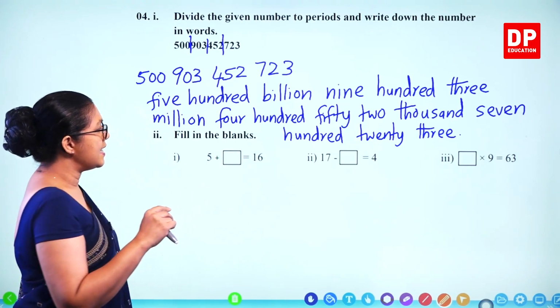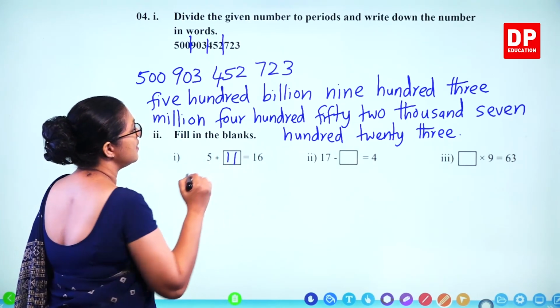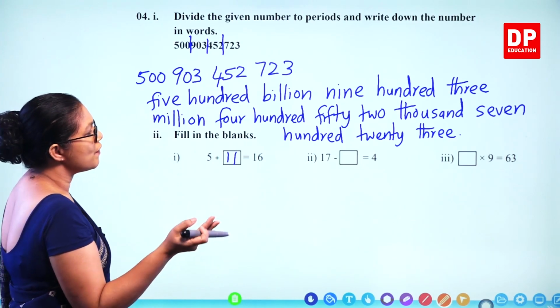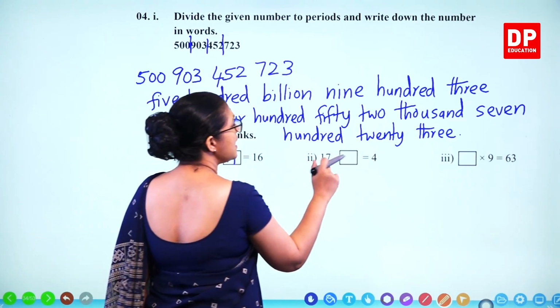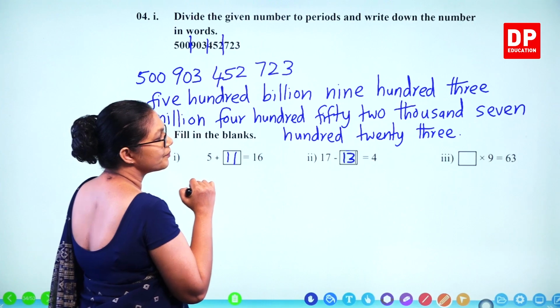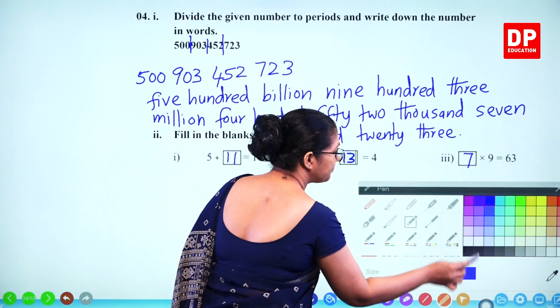Addition is 16. So 5 plus 11, you get 16. Subtraction is 4. How do you get 4 from 17? 17 minus 4. So 13 is the answer. Multiplication is 63. 9 times 7 is 63.